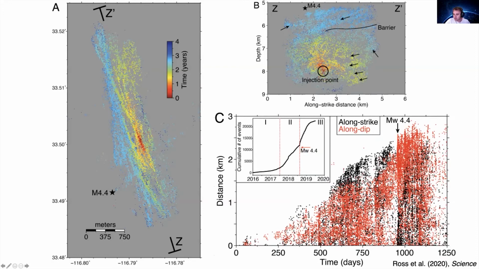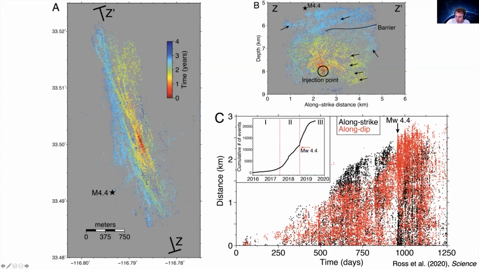Whereas before this event happened, there really weren't any large events here, and you're primarily driving the sequence by this fluid diffusion process. And so I think this really provides a good explanation for the effects of earthquake stress transfer versus just a pure fluid source, what that has on a sequence like this.